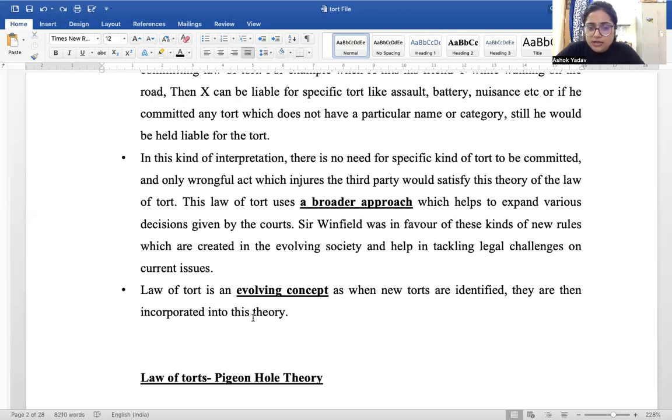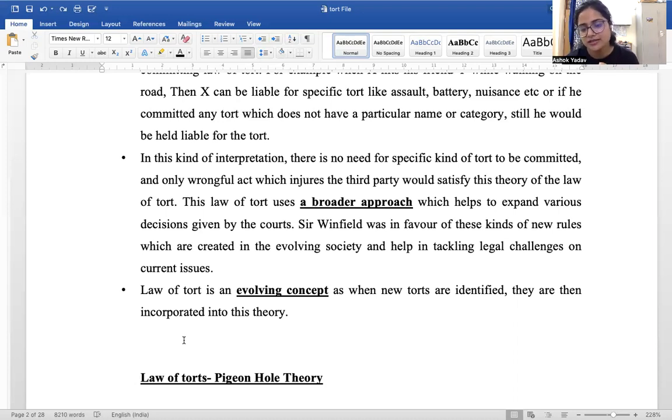If any wrong is committed for which a legal remedy can be sought, then by going by this principle and giving it a broader approach, everything will be considered a tort. So it is not necessary that something has a well-defined name as a tort. He says even new wrongs can be discovered and put under this category, right?